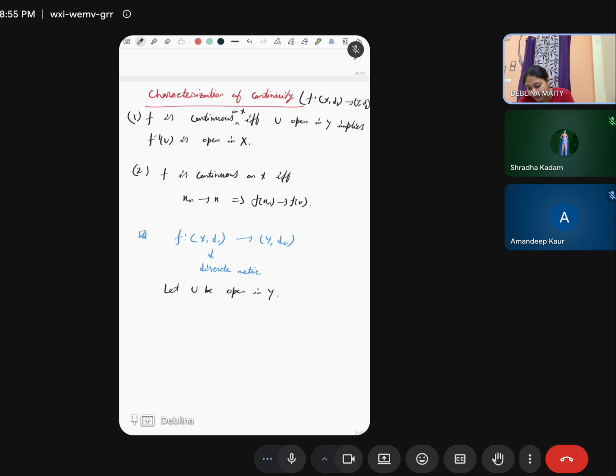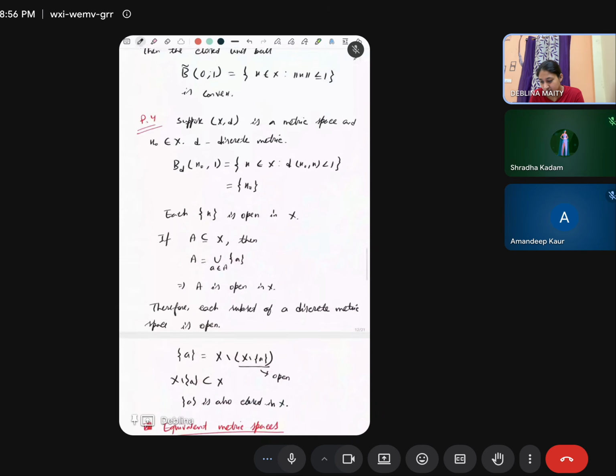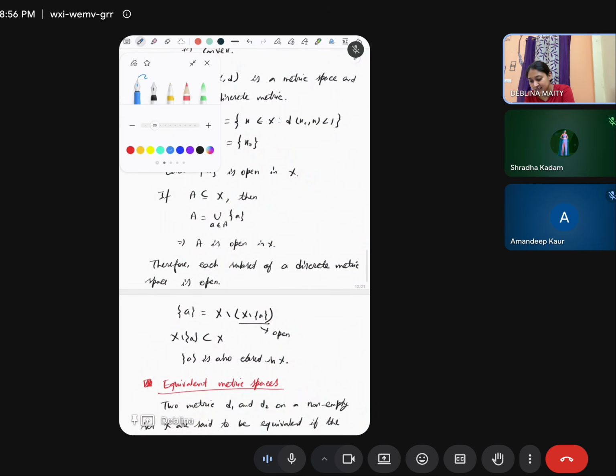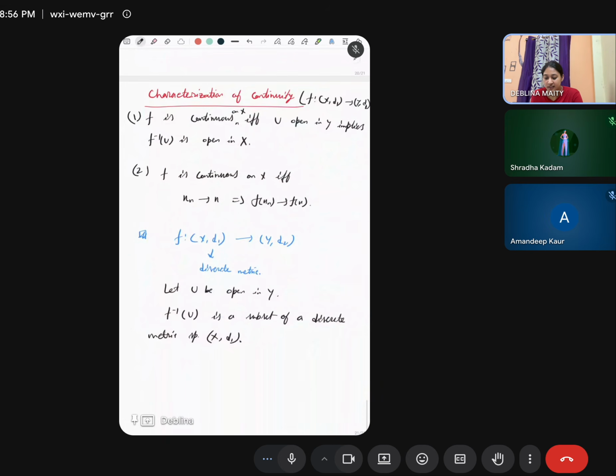Now here f^{-1}(U) is a subset of the discrete metric space (X, d1), and we have seen that each subset of a discrete metric space is open. So if you take any open set in Y, then f^{-1}(U) is going to be open. So f is continuous.